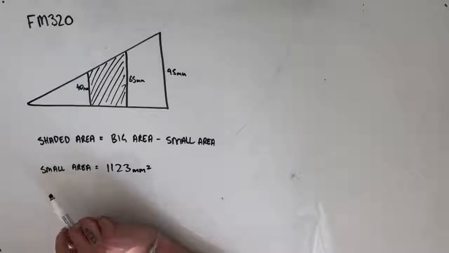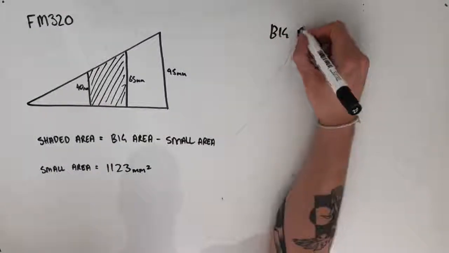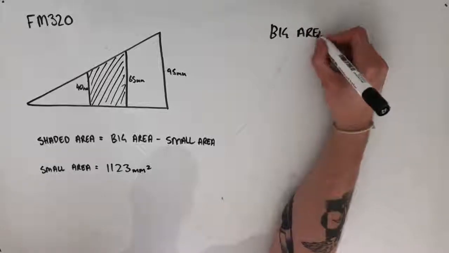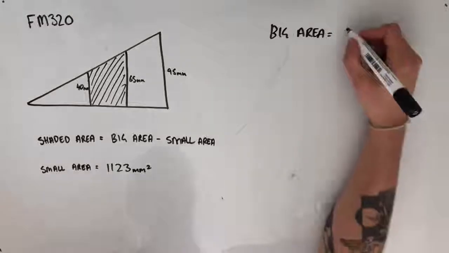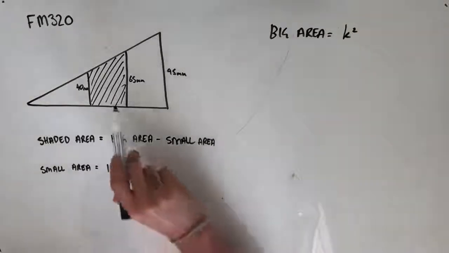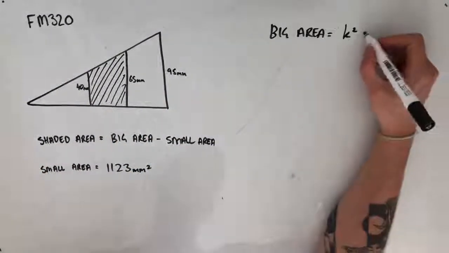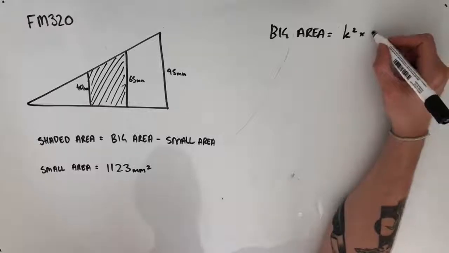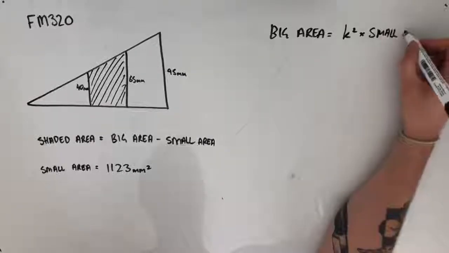The fastest way for us to find our big area is going to be to use a scaling factor, so k squared. So a scaling factor that will take us from this smaller similar triangle to the medium-sized similar triangle, and so size up the small area.